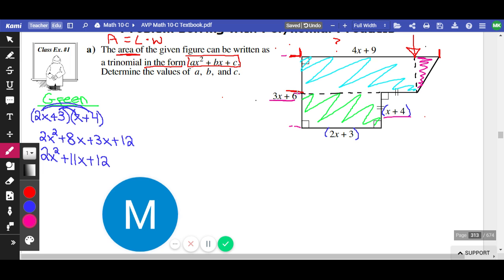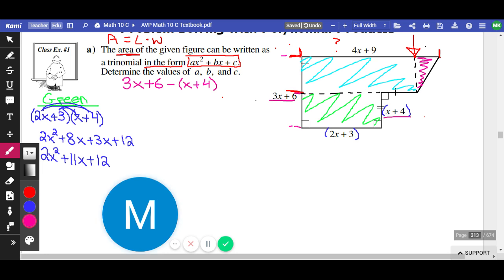So if I take 3x plus 6, which is the entire width of this shape, and then subtract x plus 4, that would give me the missing side length I want. I'm taking this whole gap and subtracting off the little side I don't want, and it'll leave me with what I do want.